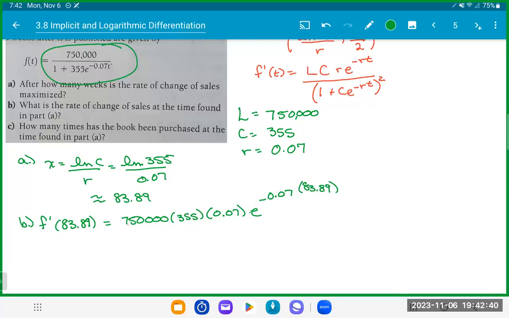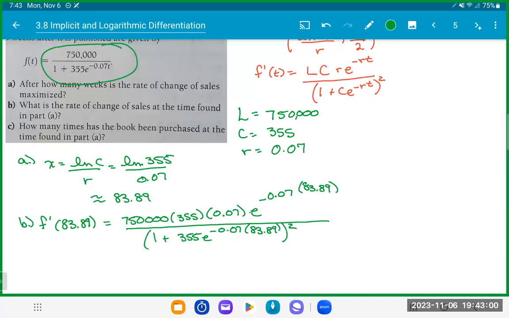Okay. All of that, though, still has to be divided by the denominator there of 1 plus 355 e to the negative 0.07 T, where T is 83.89. And all of that is squared.